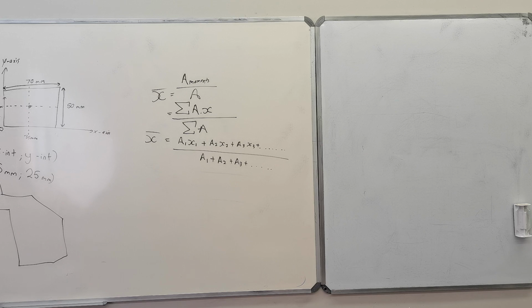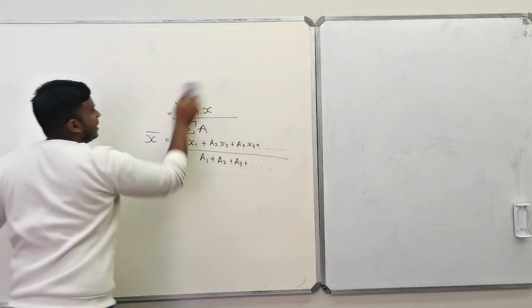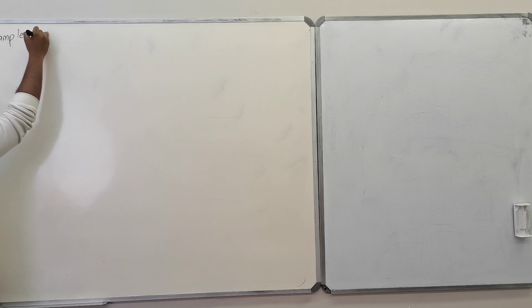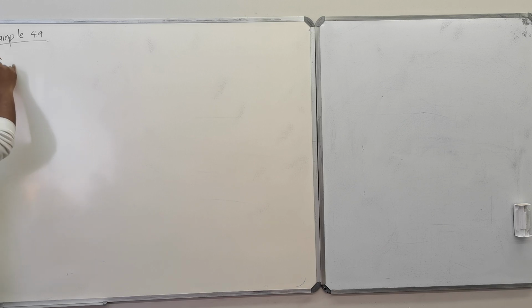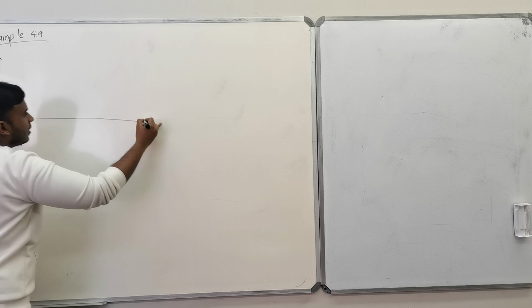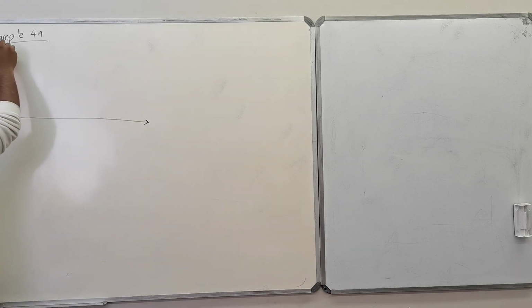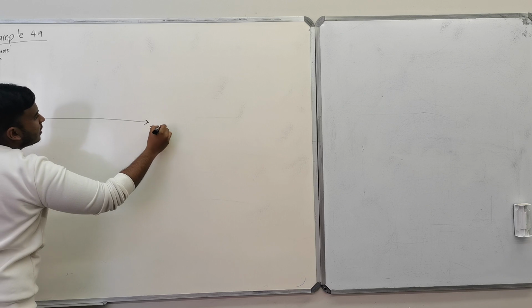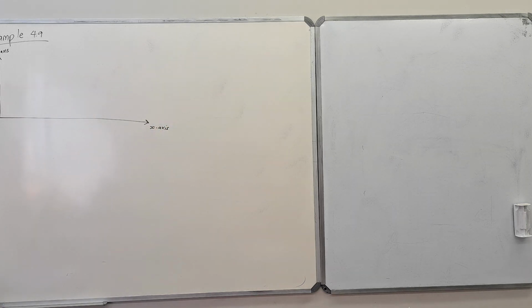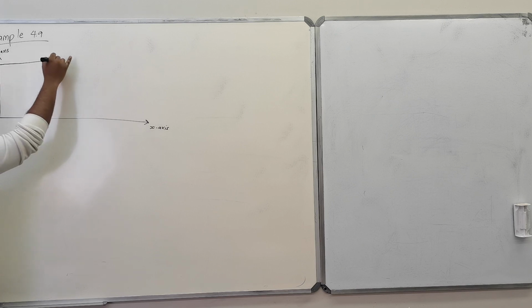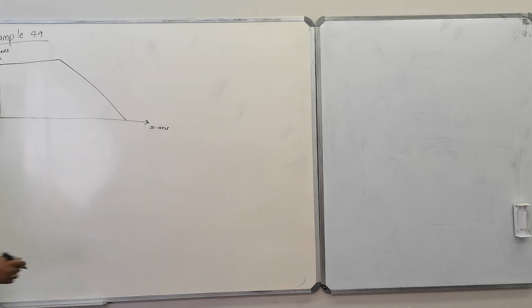Let me start from example 4.9. You all will see now, it's easy. Okay, so this is your axis. The shape they give you, that's the shape they gave you.